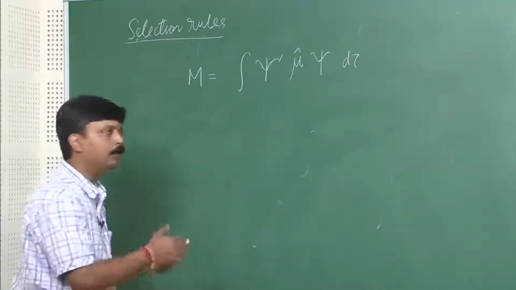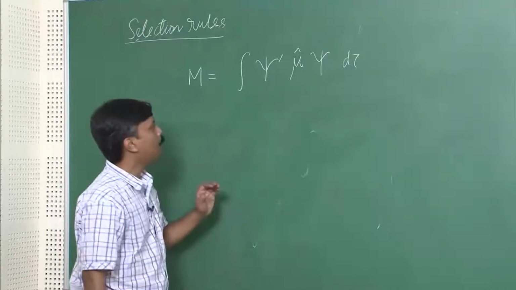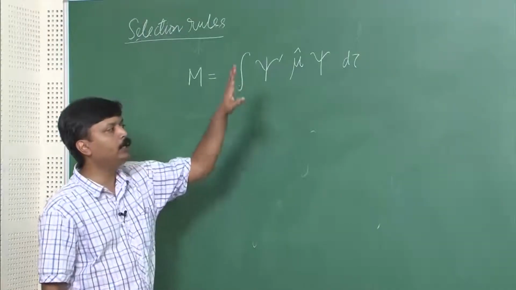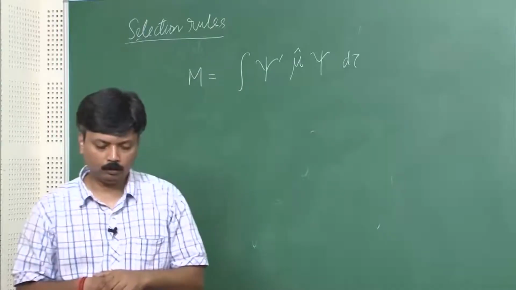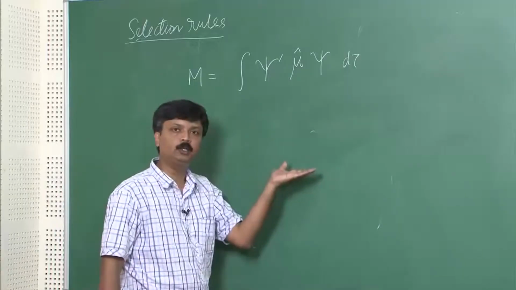In the case of Raman, we have seen that this is a polarizability tensor component. Now, when we talk about the electronic transition, there I have the vibrational states also involved, right?